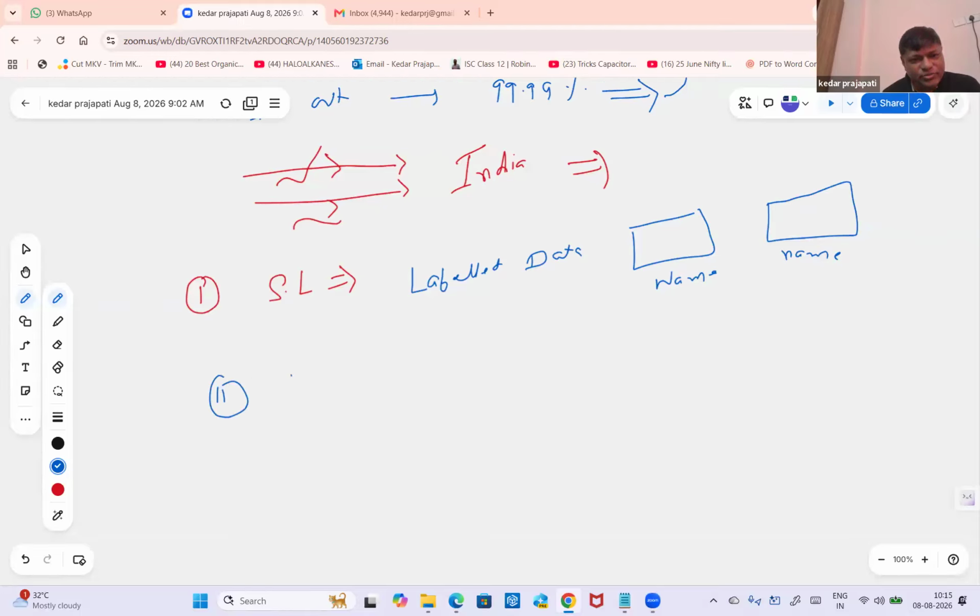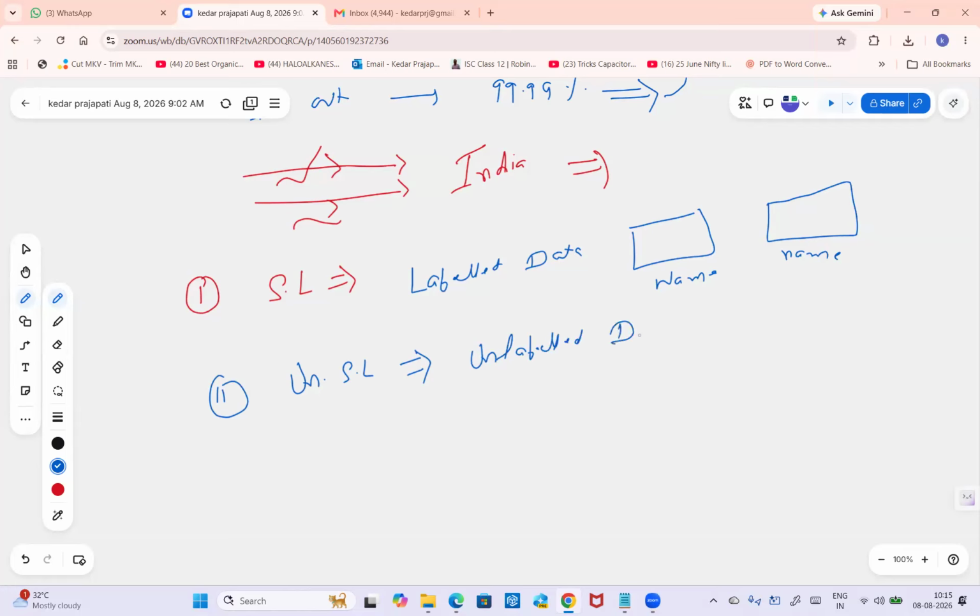Unsupervised learning: unlabeled data, for example face recognition. We'll also revise the algorithms. Here, what was the use case we studied?